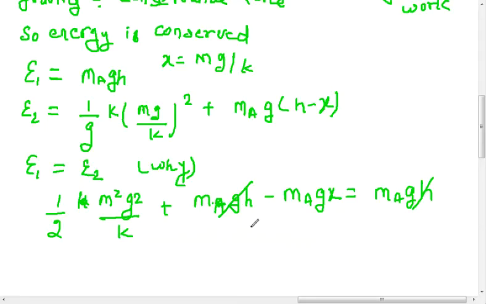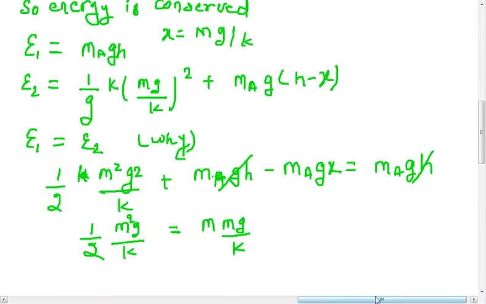If you look at this, half m squared g squared by k is equal to m a x. And what is x? x is equal to mg by k.